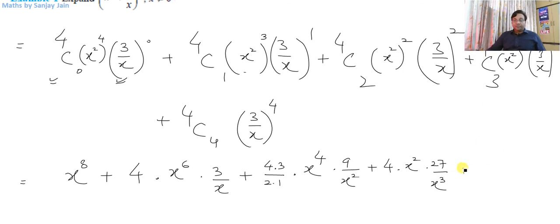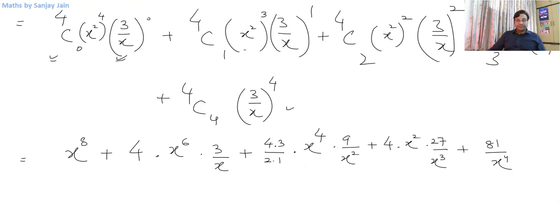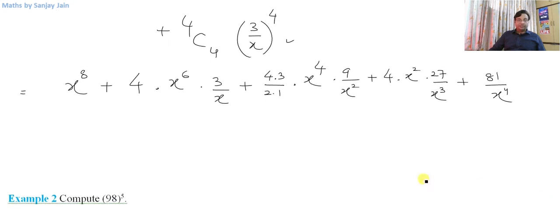Okay, and what will be the next term? 4C4 is 1, 3^4 is 81 by x^4. Now let us write it in a little more simplified form. So it is x^8 plus 4 into 3, 12, and x^6 by x becomes x^5, 12x^5.